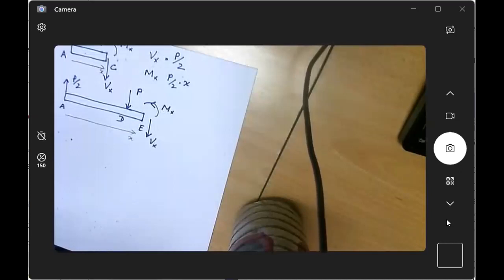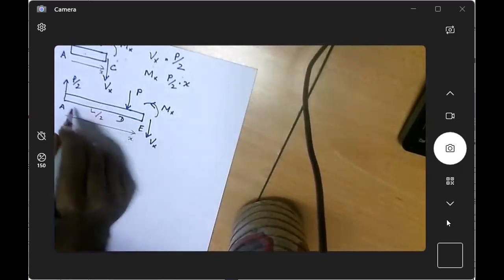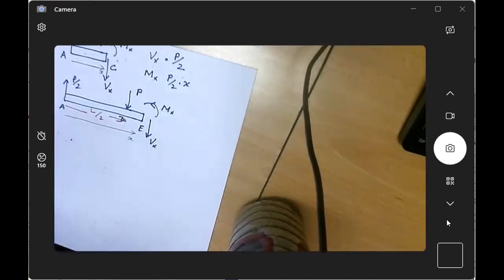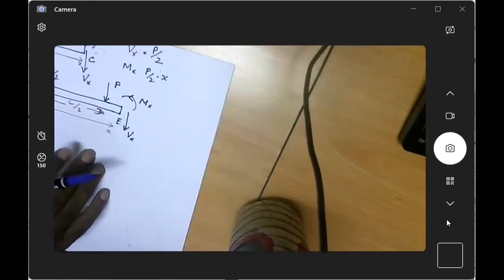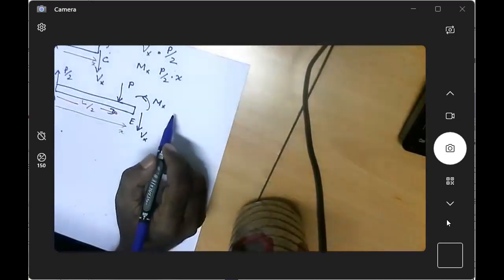What are the values? This load P is at the exact halfway, that means L over 2. Vx is 3P over 2, and Mx is P over 2 multiplied by x plus P multiplied by x minus L over 2.